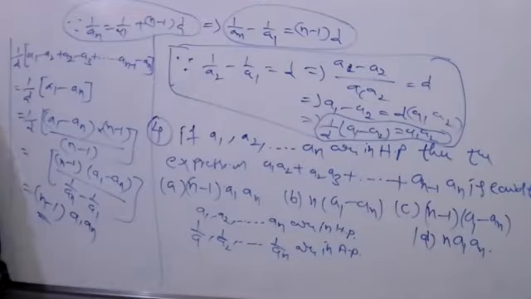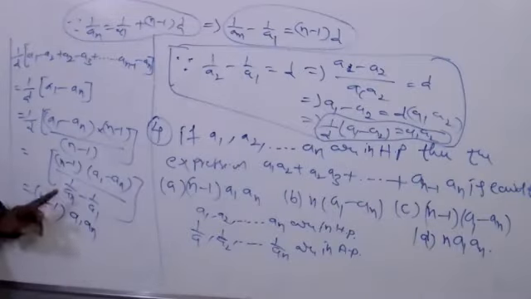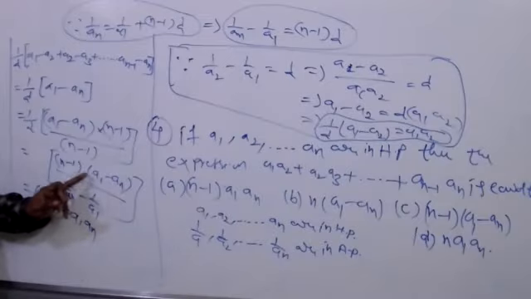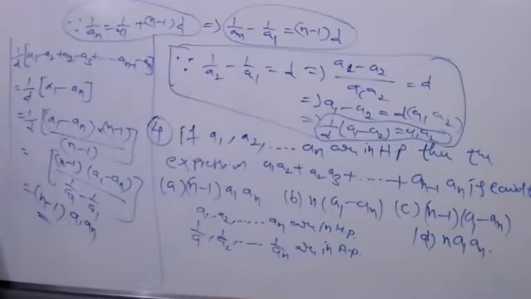Done, all of you? Understood, Priyanka? Here in the denominator take LCM. a1 minus an gets cancelled in numerator and denominator. Then n minus 1 into a1 into an.